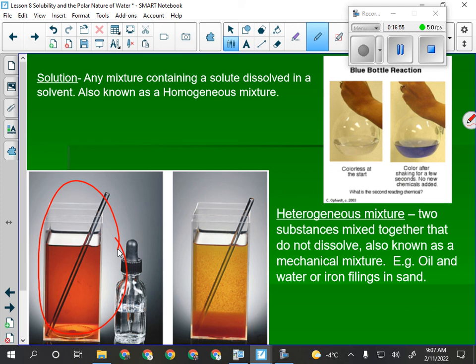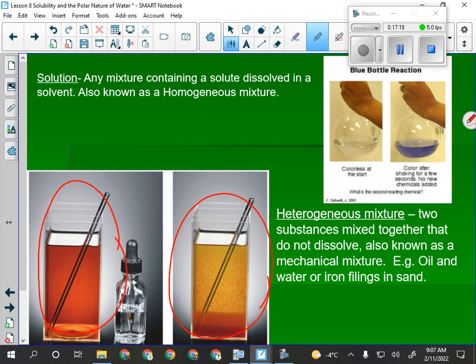In this case, this is a homogeneous solution because it only has one visible part. There's more than one thing there, but they are completely dissolved in one another. Everybody with me on that? This, on the right, is a heterogeneous mixture. Hetero means many.